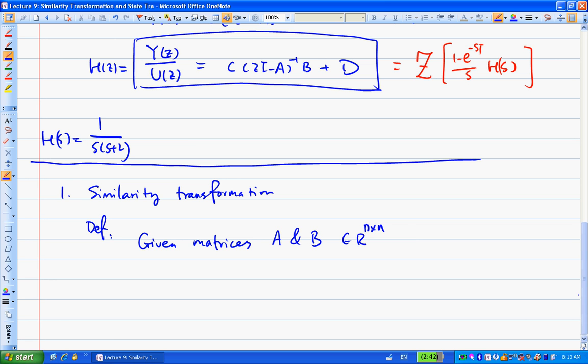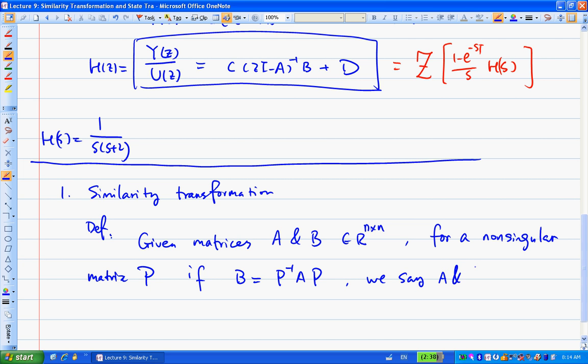Then for a non-singular matrix P, if B equals this, then what we see is A and B, or B and A, it doesn't matter.